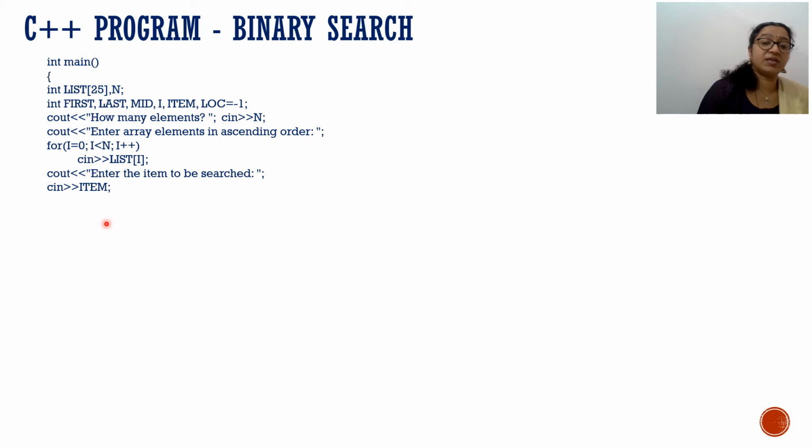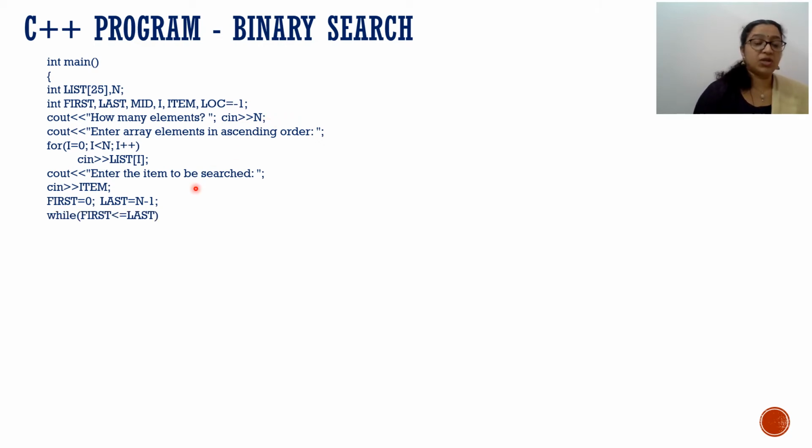So first, the values of first and last we want to set because we didn't initialize them here. First is equal to 0, last is equal to n minus 1, because n elements are there, so the index number shows n minus 1 only.